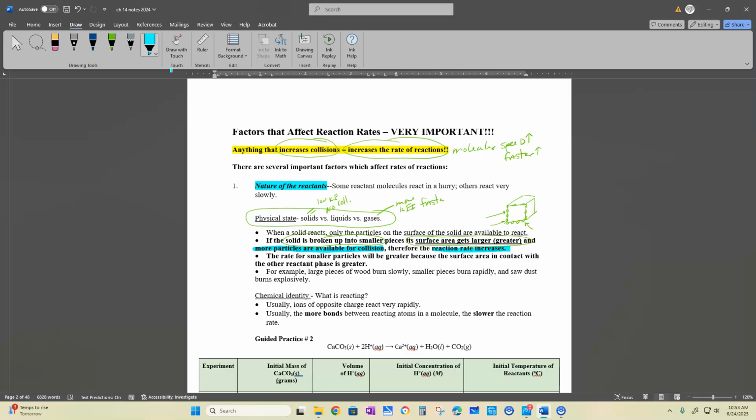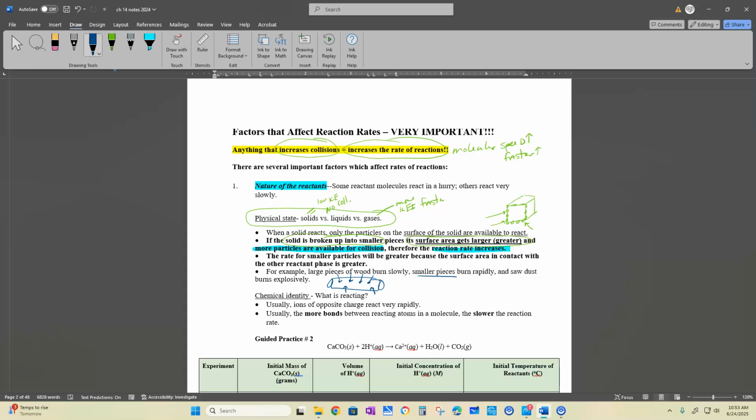For example, a large piece of wood burns very slowly, okay? Because it is huge, all you're able to do is attack the surface. But if you take that piece of wood and break it up, it'll go faster.